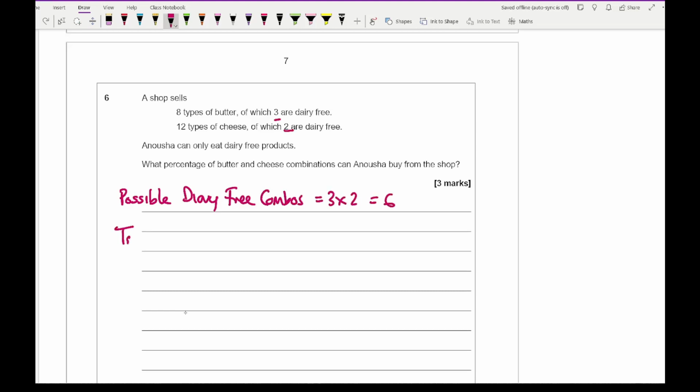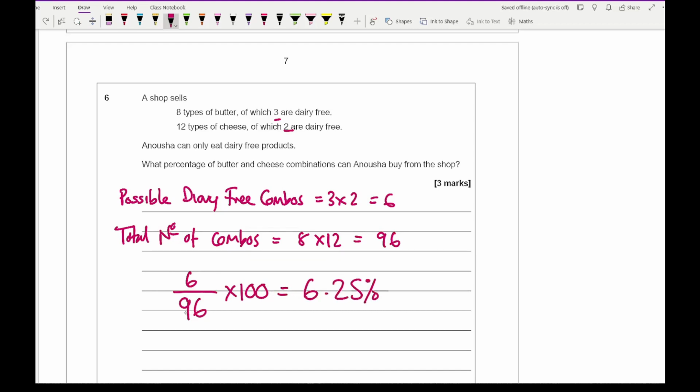Now the total number of possible combos is going to be 8 times 12, which is, let me just quickly work that out, which is 96. So then it's going to be 6 divided by 96 multiplied by 100, in which I get an answer of 6.25%.